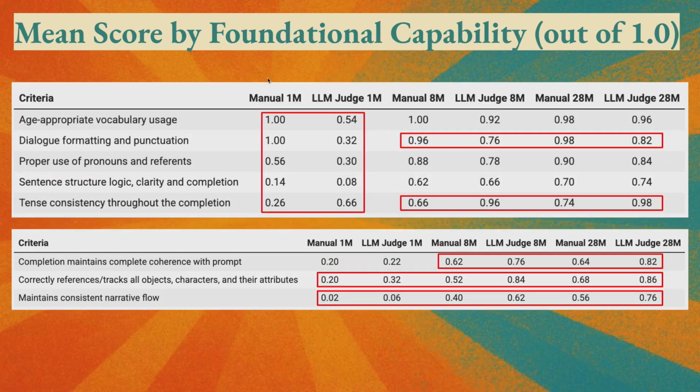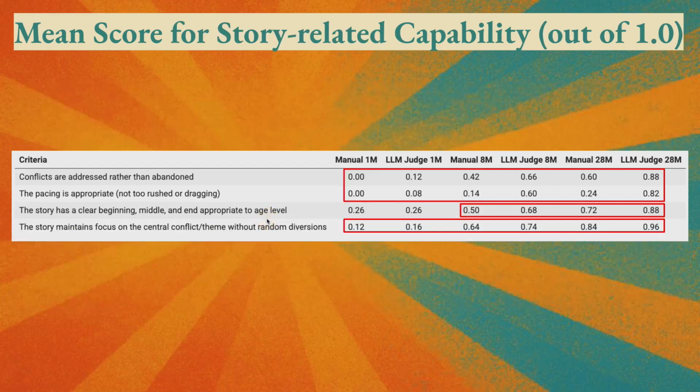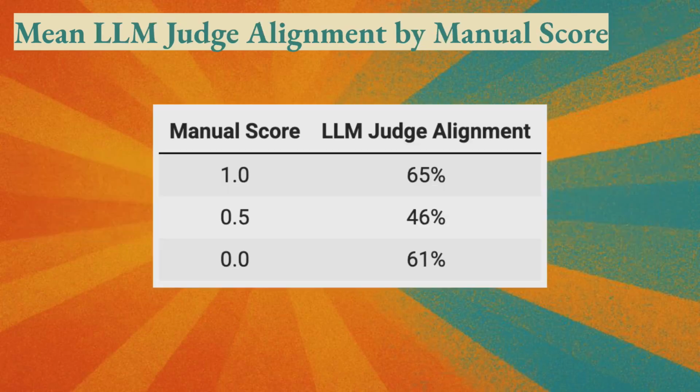And we see similar trends for grammar at the top here, for context tracking at the bottom. And then this is for plot. We see similar trends where there's significant difference when we look at per model, per criterion, average scores. So the next thing I did was look at the manual score level and look at the LLM Judge alignment.